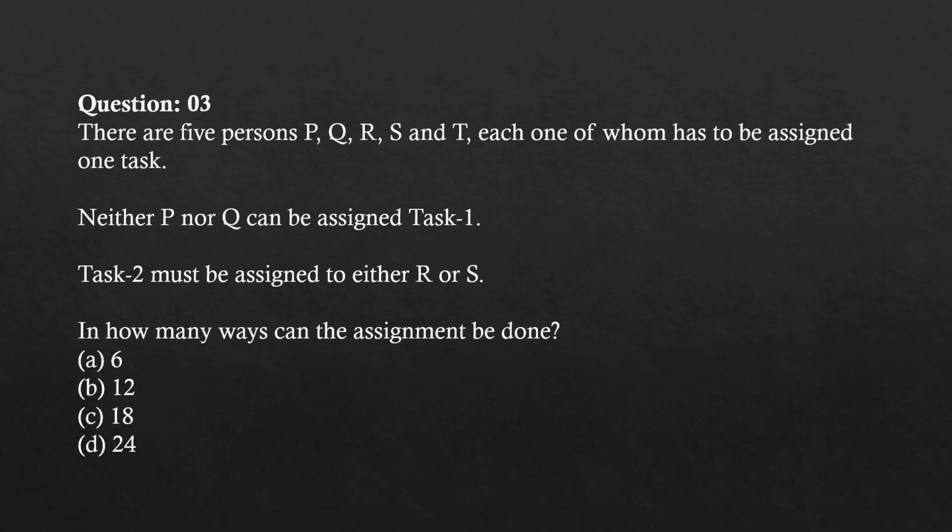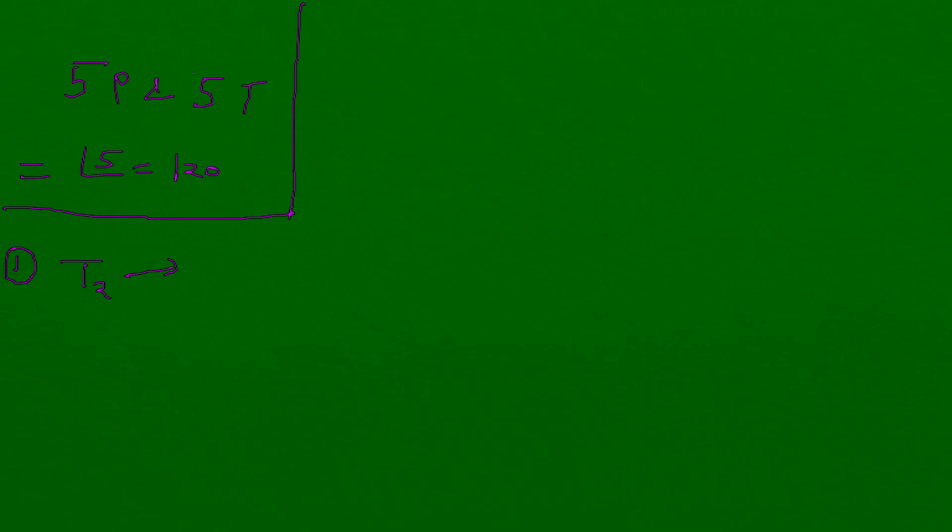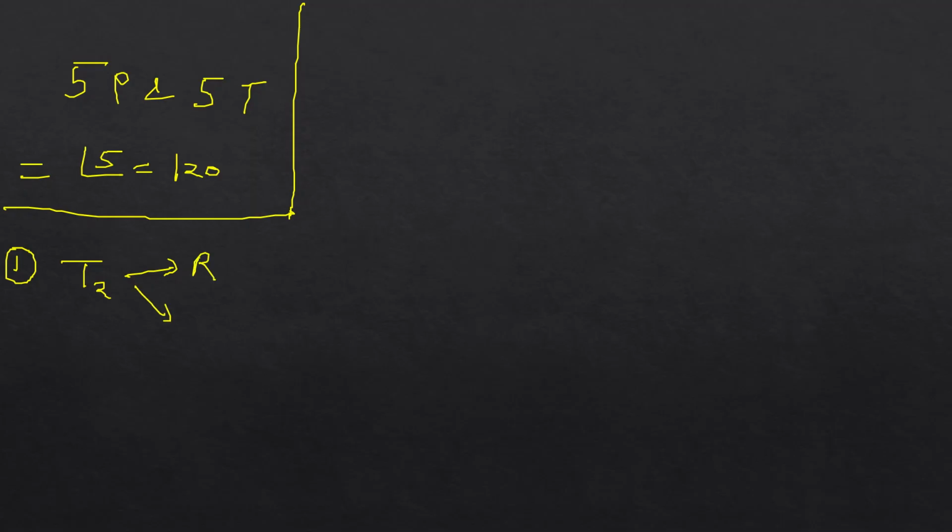Now we'll start our solution. As per the question, we have 5 persons and 5 tasks. Suppose there are no restrictions, so it will become factorial 5, or 120 ways. But there are some restrictions. Restriction number 1: task T2 is completed by either R or S. So now we'll make cases.